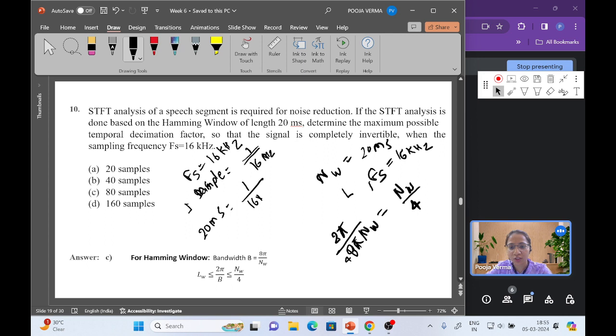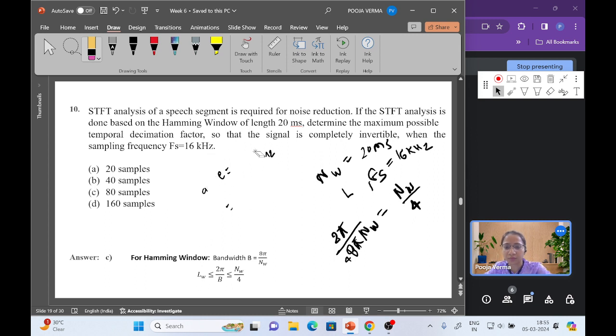STFT analysis of a speech segment is required. The sampling frequency is given, Fs equal to 16 kilohertz. So how many samples will there be for 20 milliseconds? In order to find the number of samples in 20 milliseconds, we multiply these two.